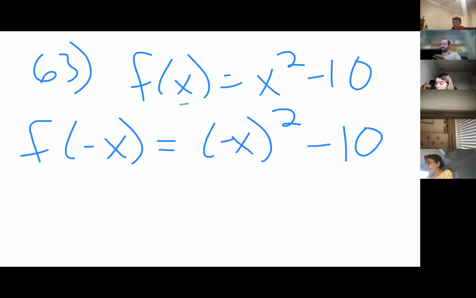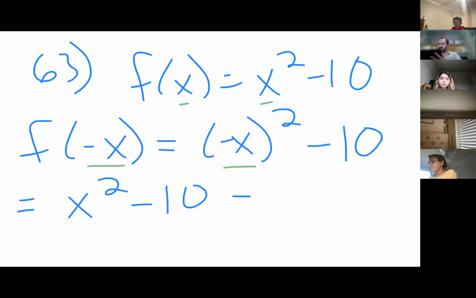So basically everywhere there's an x, I'm going to throw in a negative x. And so if I take a negative x and square it, what am I going to end up getting? Positive. This is going to become positive because I have an even number of negatives. And I still have that minus 10.